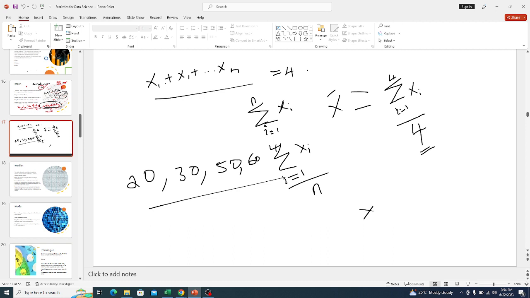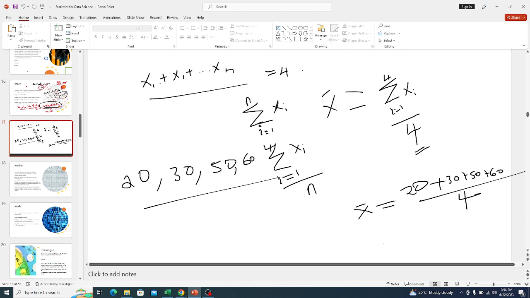So our sample mean, that is x bar, will be 20 plus 30 plus 50 plus 60, divided by 4. This is 50 plus 50, that is 100, 160.